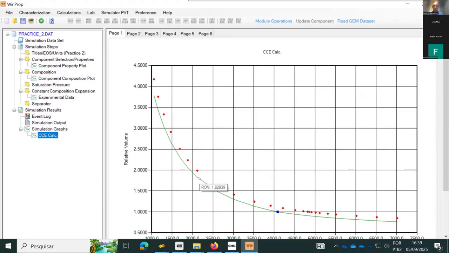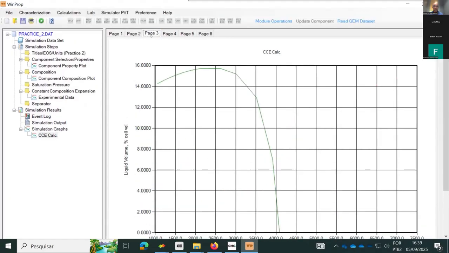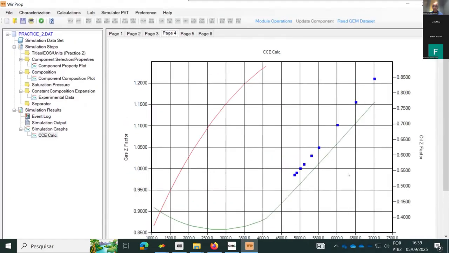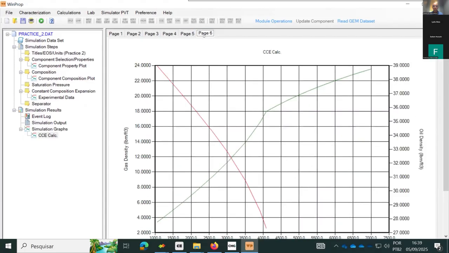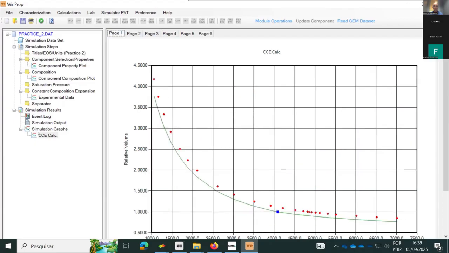But we can double check the summary table later. This is the gas. There is a deviation between the data and the prediction for the gas. And that's it. I just have this data and this data for the CCE.